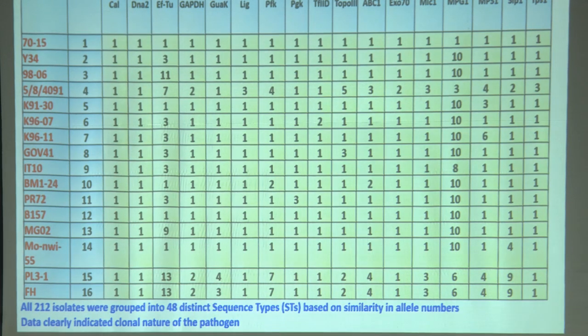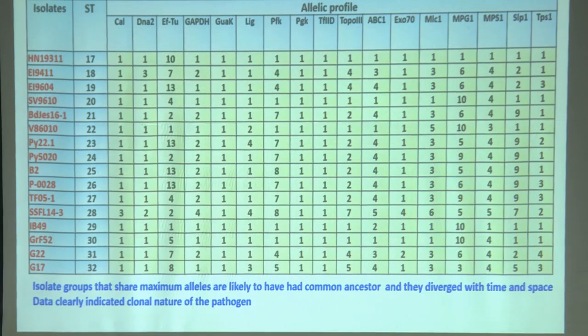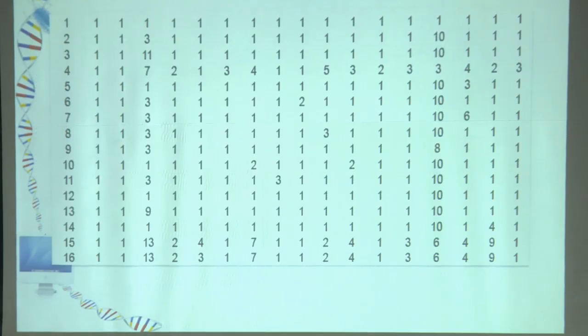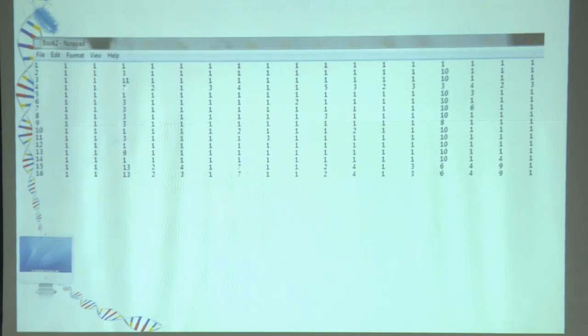So how to do that? Create a matrix. This is a matrix, right? This matrix is just imported in an Excel sheet. In the Excel sheet, the first column is sequence types.